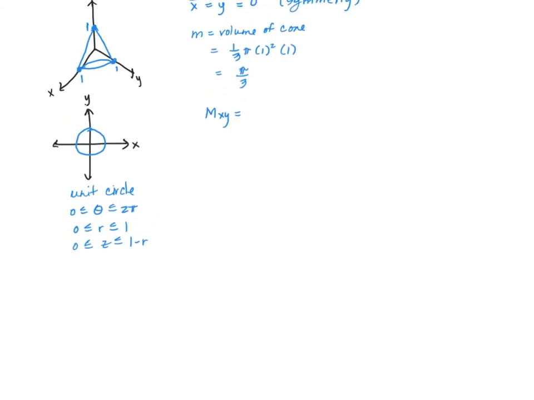I think I'm going to end off with theta because that's the usual order, even though it doesn't matter because that's constant and r is also constant. It's 0 to 1. So z is going to go from 0 to 1 minus r. I have a constant density function, but remember I still have to add in that z value. So I'm going to do dz r dr d theta.